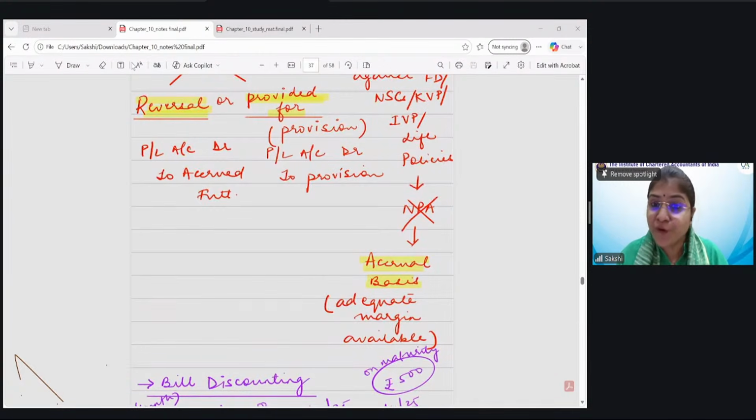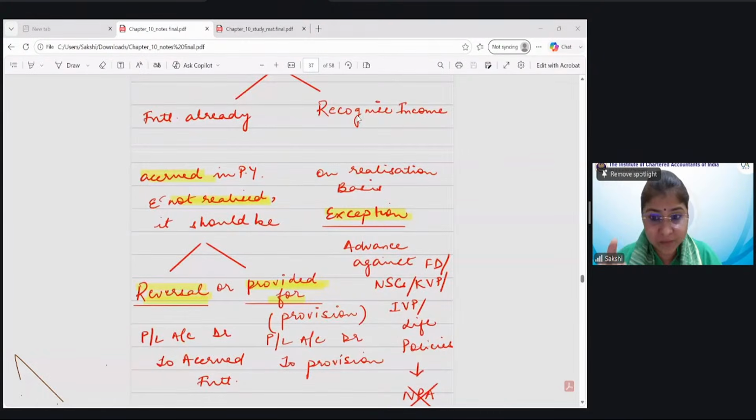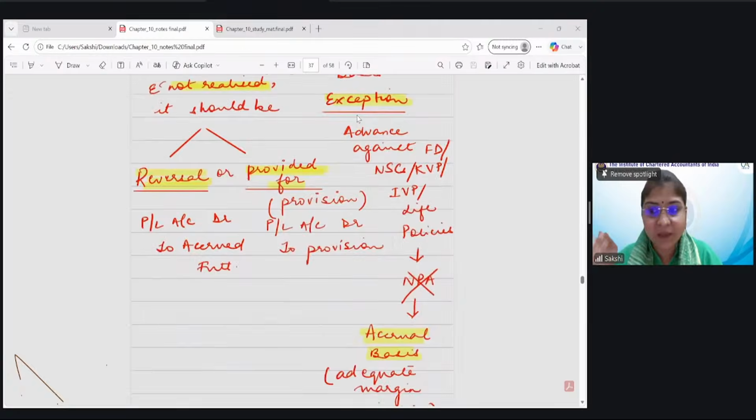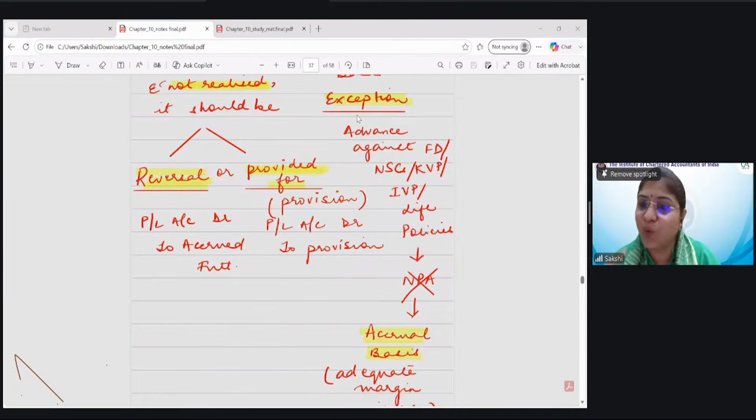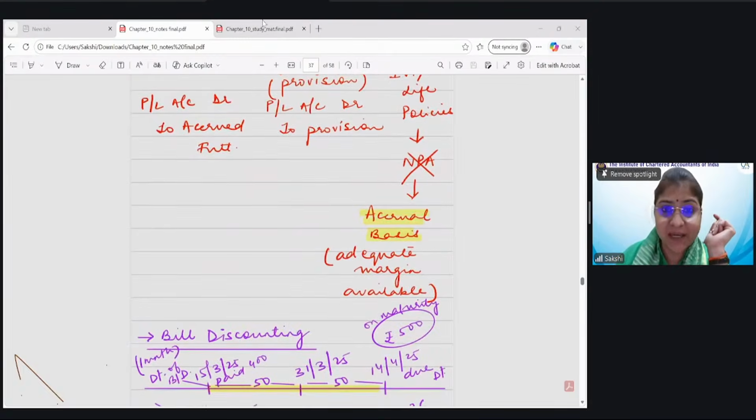Yes. So for all the others, we are going to recognize the income on realization basis. But the exceptions are your FDs, your NSCs, your KVPs, your IVPs. You will not make them NPAs. You will recognize the income on accrual basis for advances against FD, NSCs, KVPs, IVPs and insurance policies, provided adequate margins are kept.